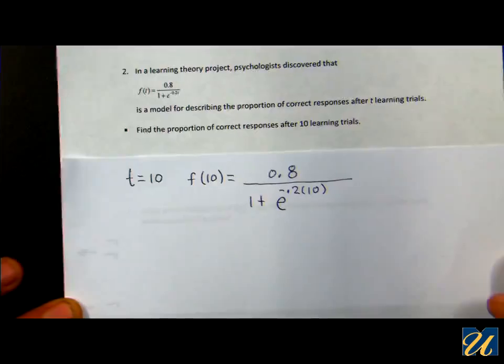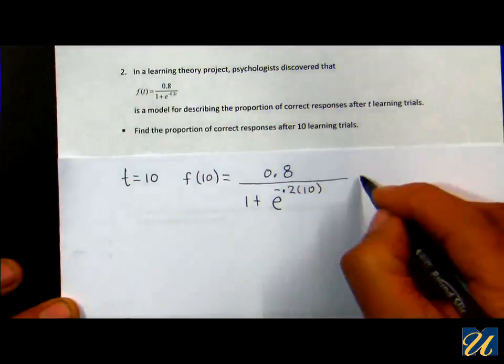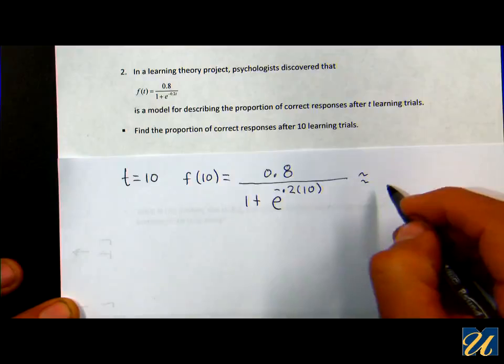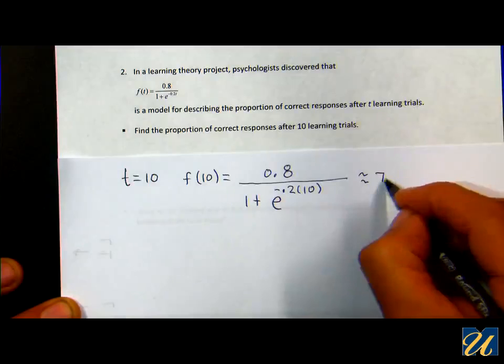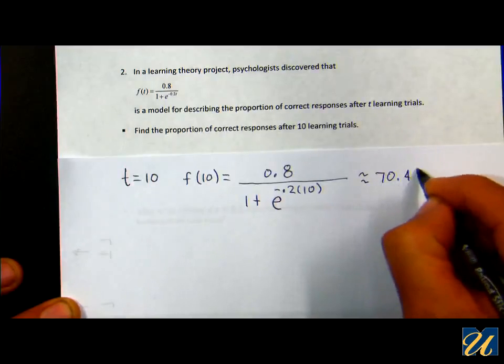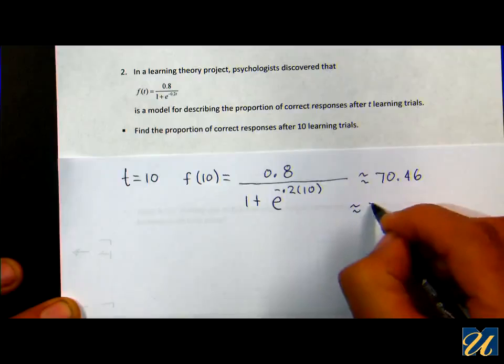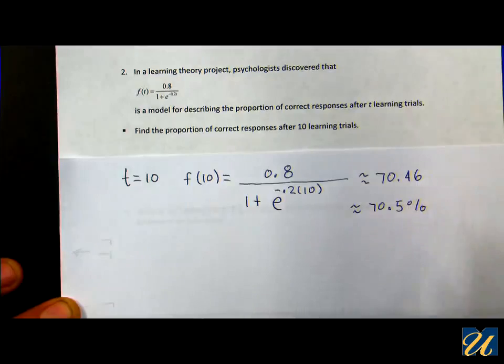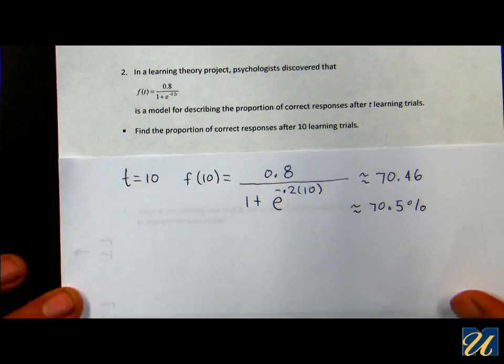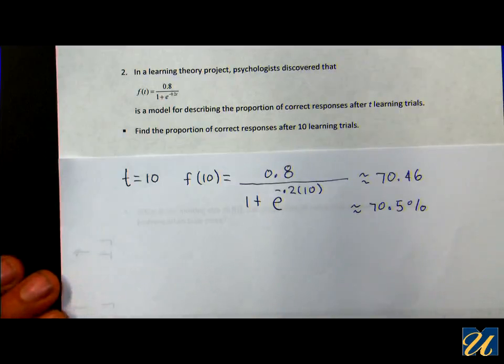Okay, and then we'll work that out a little bit and we will get approximately 70.46, or in other words, approximately 70.5% will be the proportion of correct answers after 10 learning trials. Remember, the initial amount was given to be only 40%.